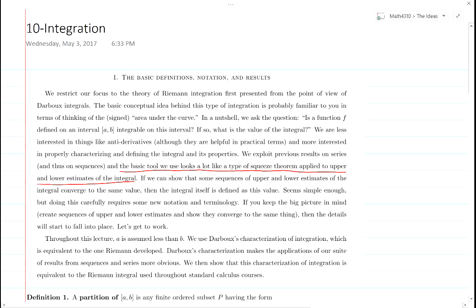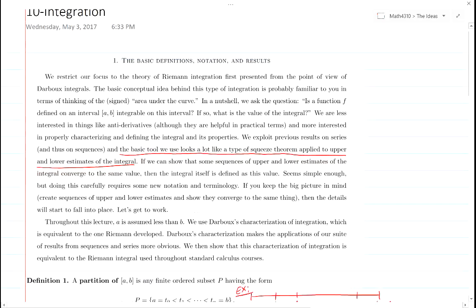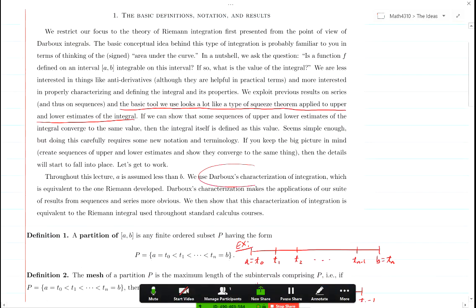You could do upper and lower estimates, and then you hope that as you refine your partitions, making the widths of your rectangles smaller, you get some sort of convergence. That's the basic idea. The way we actually do this is we use what is called Darboux's characterization of integration. Eventually we show it's the same thing as Riemann integration, but let's not worry about the details so much. It's really the same thing.